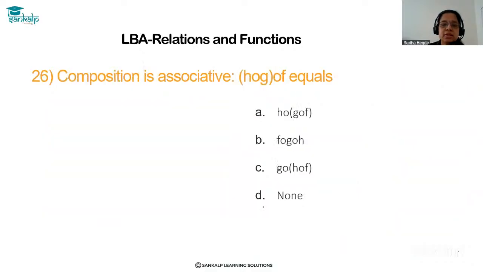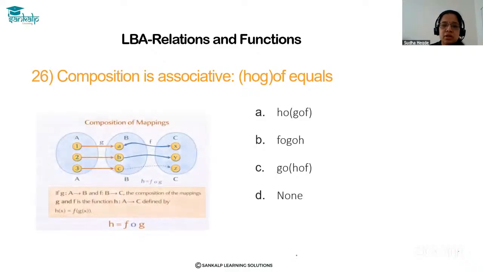The question is, composition is associative. H composition G composition F equals to, option A: H composition, G composition, F; composition, G composition, H; G composition, H composition, F; none.